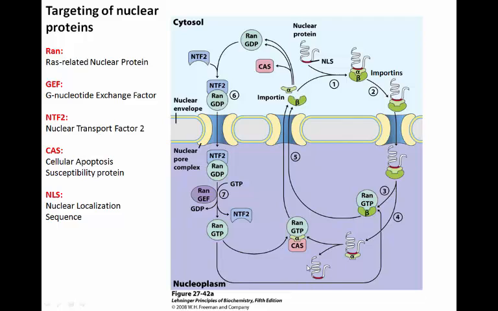Maybe it's a histone, transcription factors, one of the DNA polymerases, replication factors, many things. Thousands and thousands of proteins are represented by this polypeptide chain. And then when the alpha dissociates, it binds to a protein called Cas and RAN again. So RAN binds both the beta and the alpha. And Cas stands for cellular apoptosis susceptibility protein.